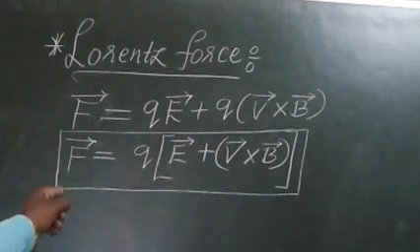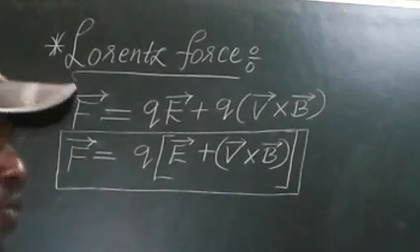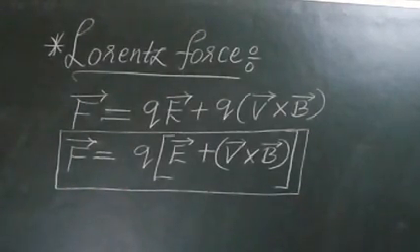Next, the formula is F equals Q into E plus V cross B. So Lorentz force depends on the charge of the particle, velocity of the particle, magnetic field and electric field.